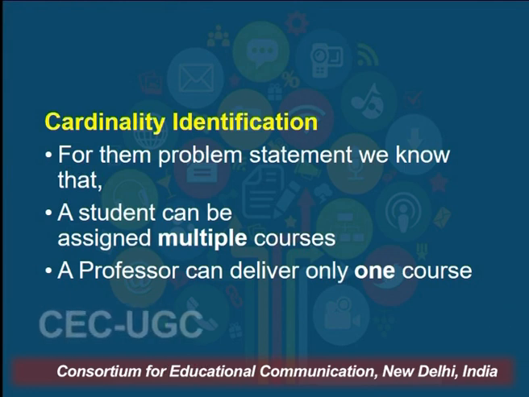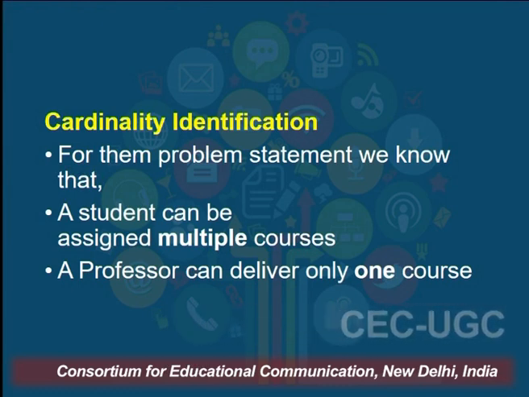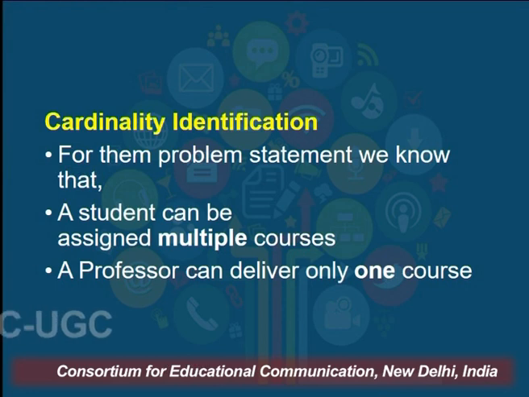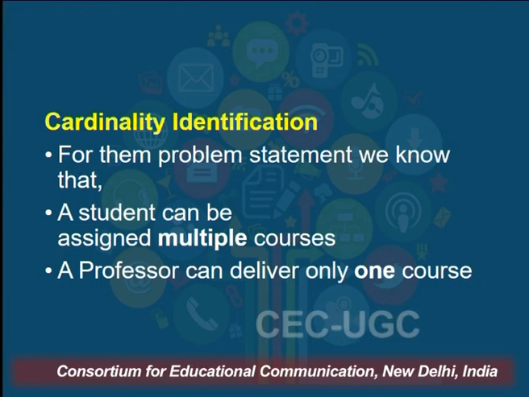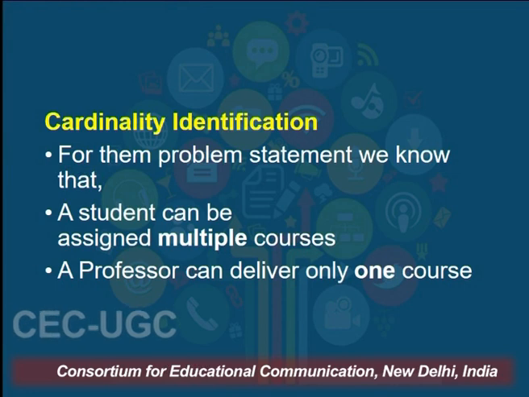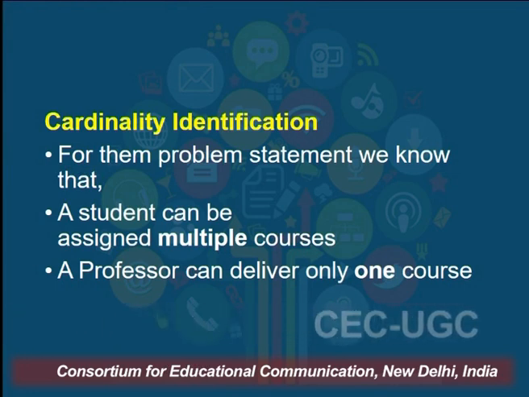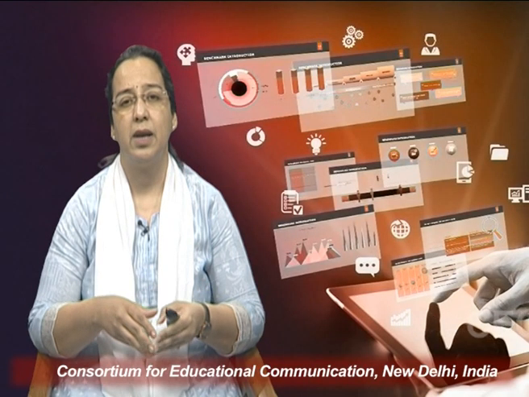For cardinality identification, the problem statement says that a student can be assigned multiple courses. So it is not a one-to-one relationship. But a professor can deliver only one course.